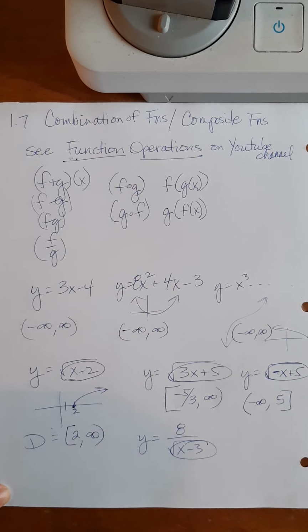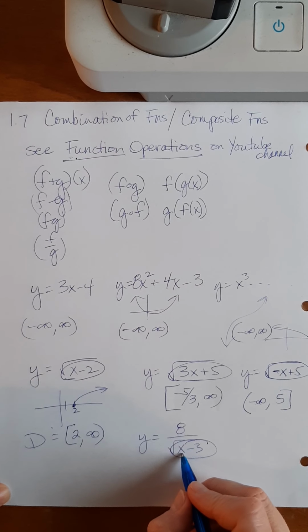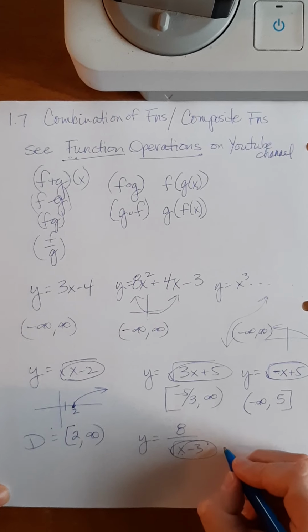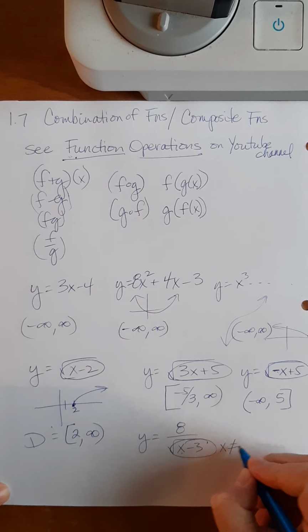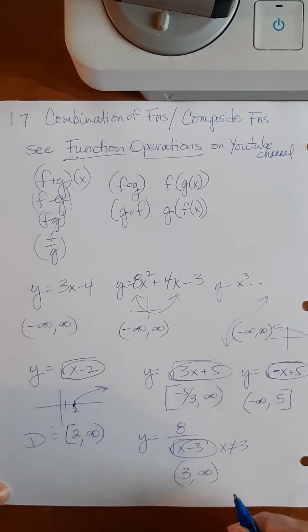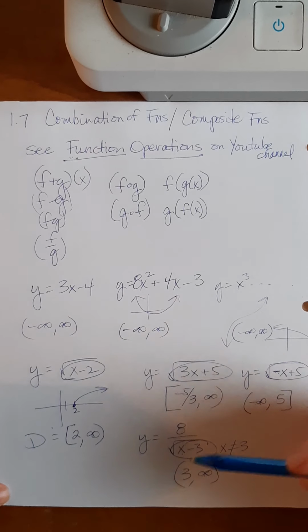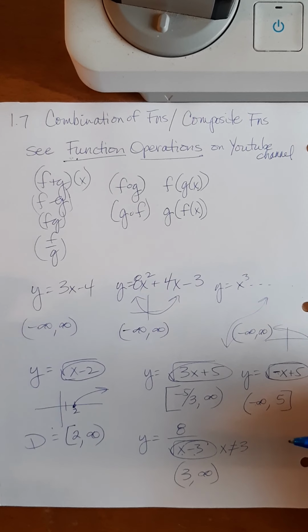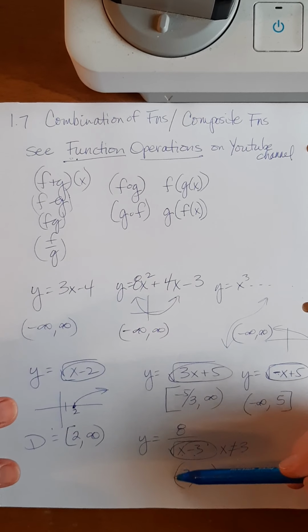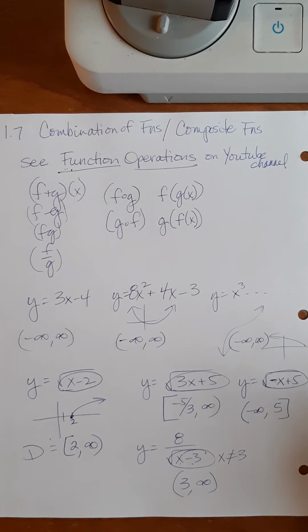So if you look at this, x minus 3 is the smallest it can be, but since it's under, that means it can't equal 3, so that's why it's parentheses 3 to infinity. So if it's in the denominator, you just have to be careful. It can't equal that number. It's got to be parentheses, not bracket.